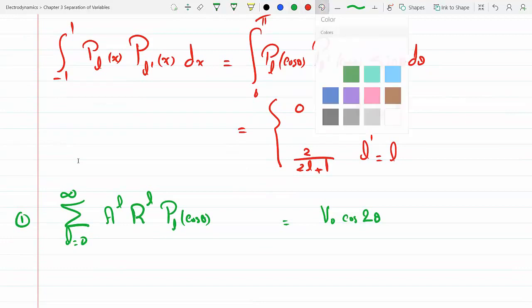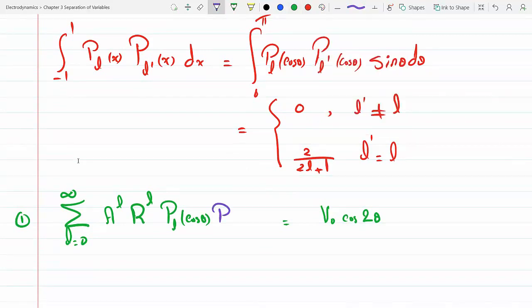So what I'm gonna do is multiply here by P_L prime of cosine theta on the left, and I will do the same exact thing on the right, and I will integrate. Technically this here would be a summation on L prime, and I will integrate this.